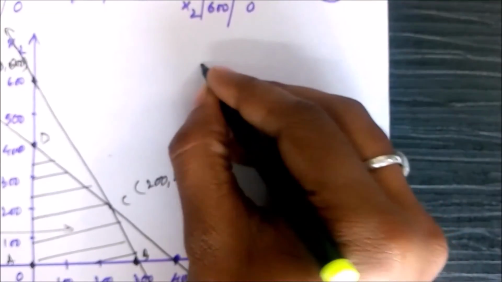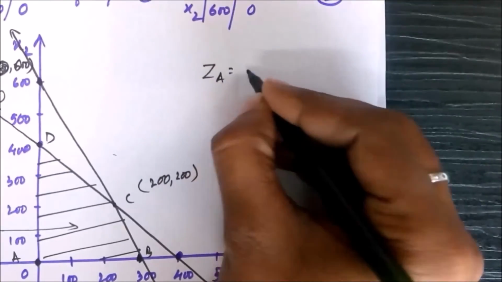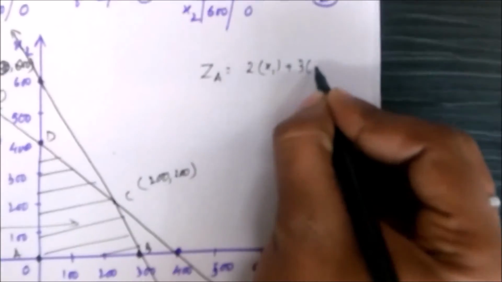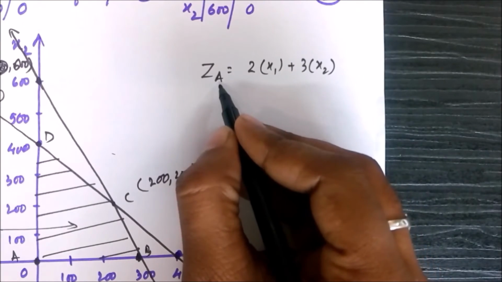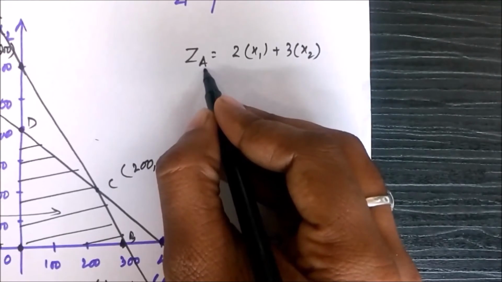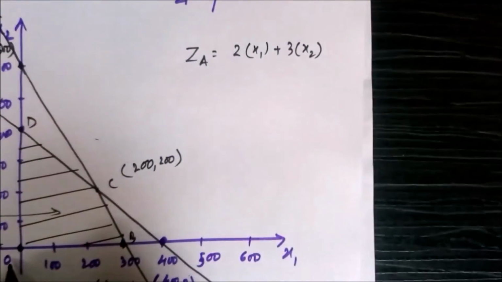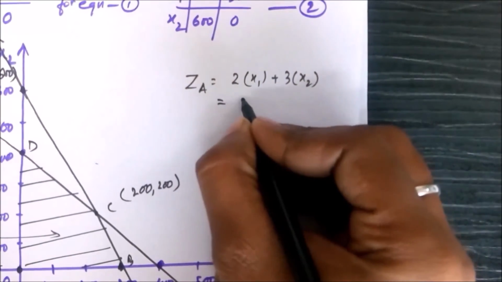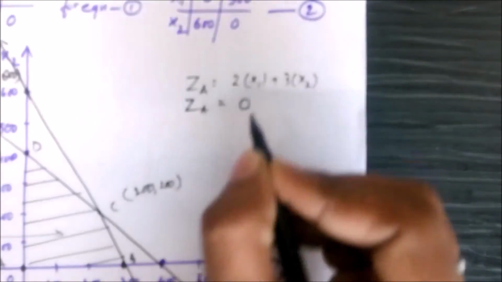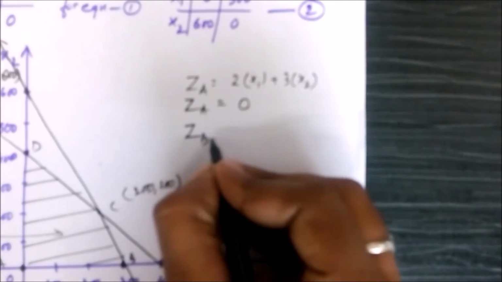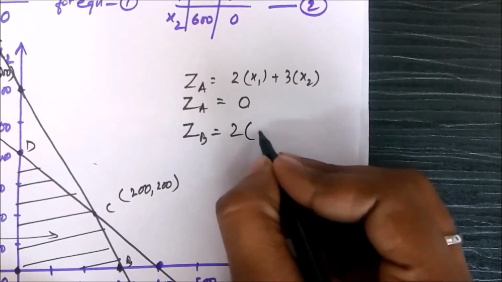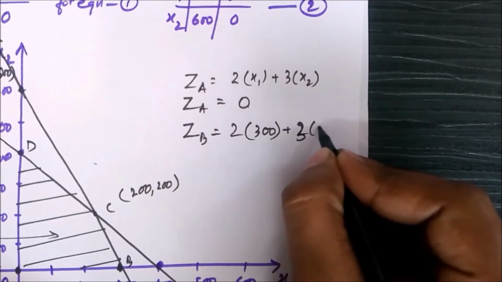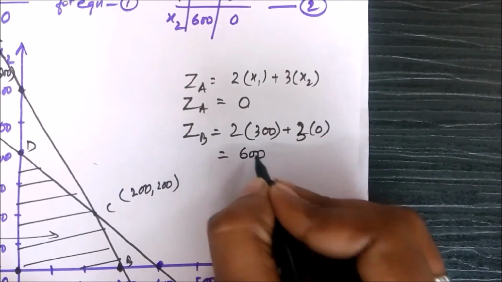Now for Z at A, I will substitute into 2x1 plus 3x2. The values at A are 0, 0, so Z at A is 0. Similarly for ZB, it is 2 into 300 plus 3 into 0, and I get the value 600.